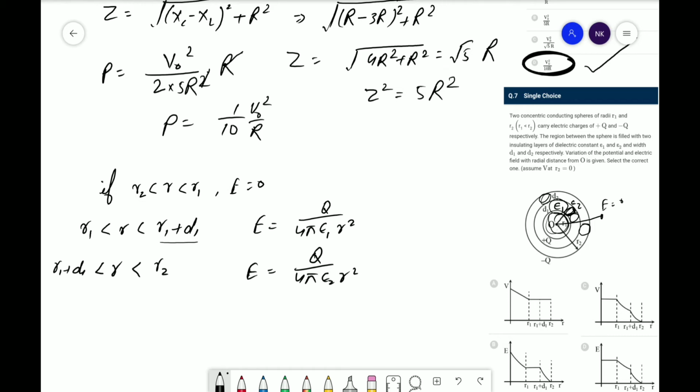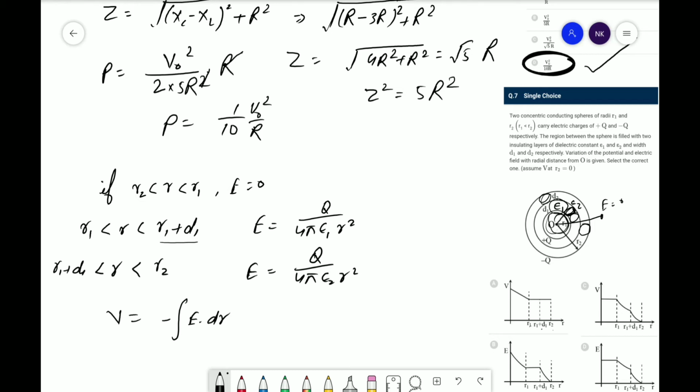Now look here at what is given: the potential at r1 plus d1 and at r2 is the same. We know that potential can be defined as minus the integration of E dot dr, and here the electric field intensity is inversely proportional to epsilon 1.